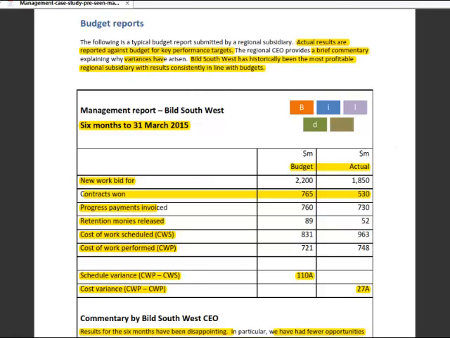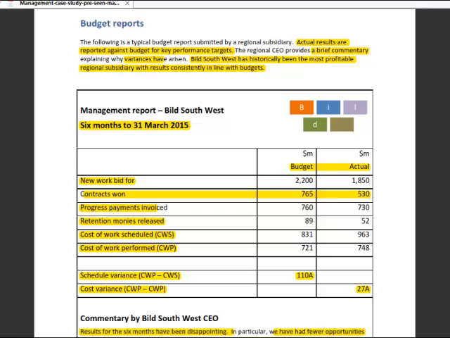And Build Southwest has historically been the most profitable regional subsidiary, with results consistently in line with budgets. So we've seen earlier that we're told that Southwest was a rural area, mostly agricultural, and yet here we're saying it's the most profitable regional subsidiary. So maybe we need to have a look at that more.